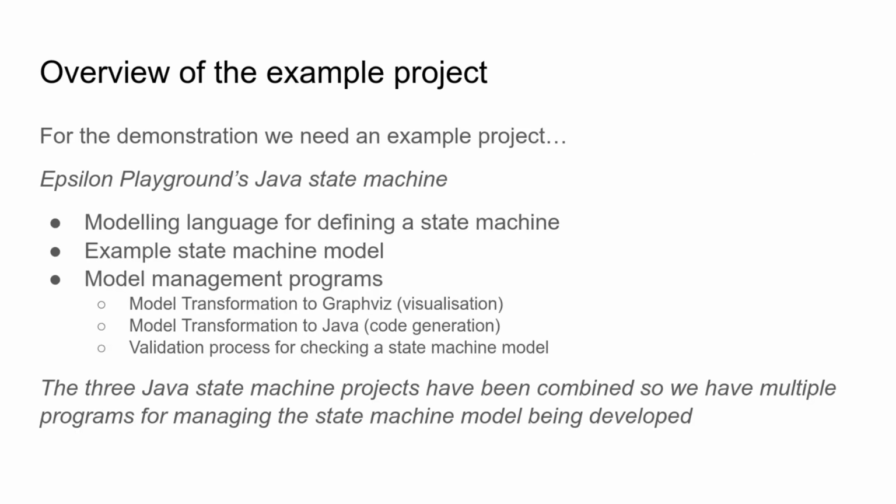So for anybody that's jumped straight into this video and hasn't seen our previous videos, the example project that we're using has come from the Epsilon playground, where there are 3 example projects based on a Java state machine.